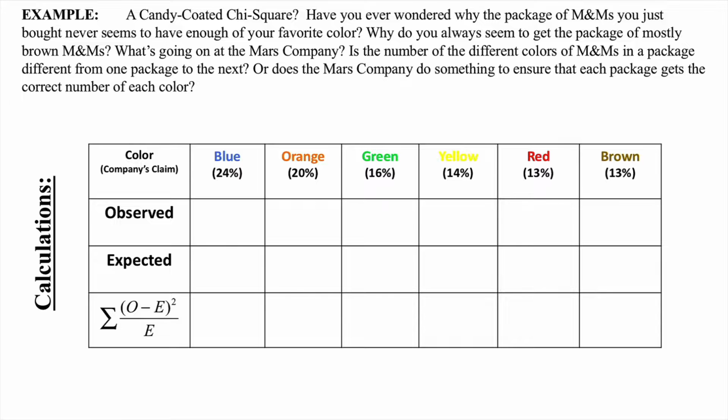We can check this claim right here in one test, this claim in the same test, this one, this one, this one, and this one. That's what chi-squared allows you to do. So do we need to use chi-squared? No, but it's going to save us a lot of time, because I don't want to have to do 6 different one proportion z-tests like we did in chapter 9.